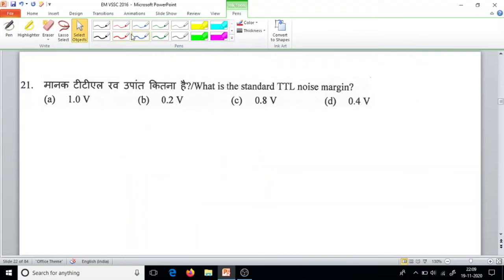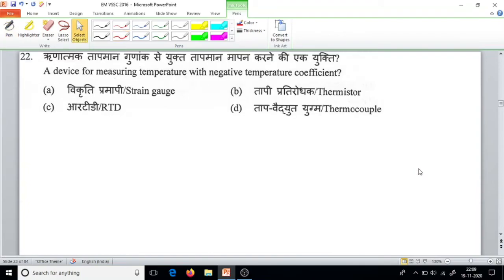Question number 21. What is the standard TTL noise margin? The TTL noise margin is equal to 0.4 volt. Question number 22. A device for measuring temperature with negative temperature coefficient.